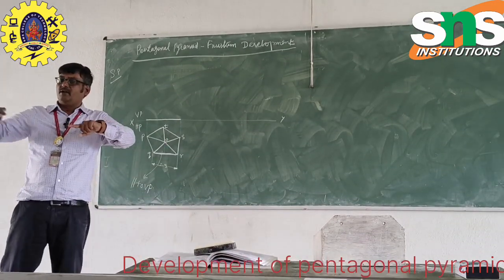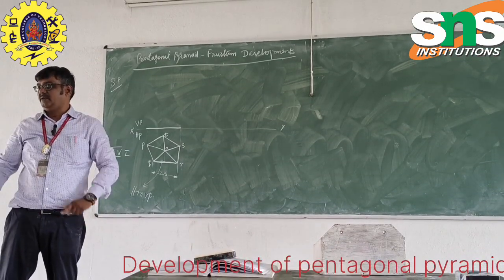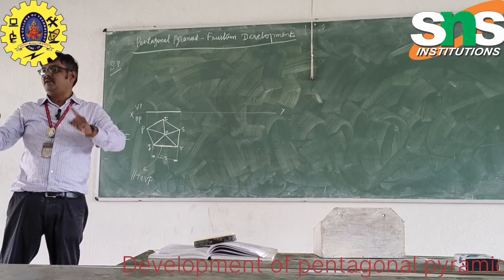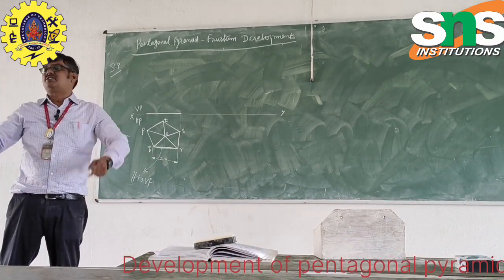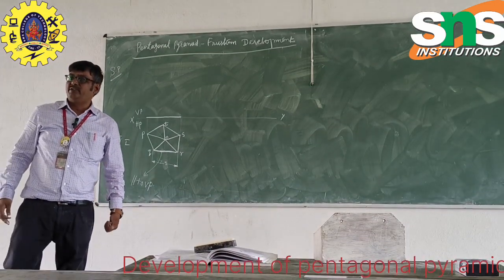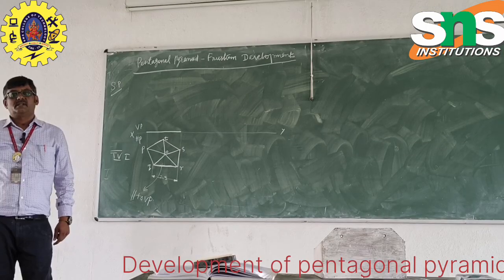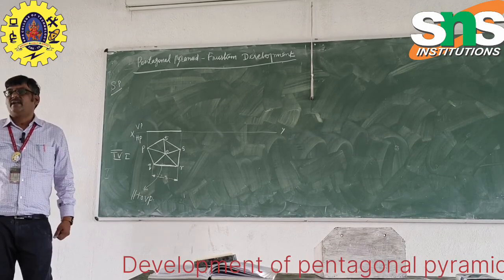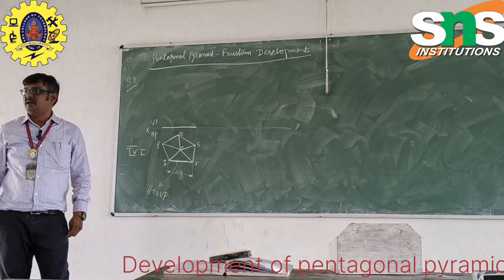Already the XY line is there. On the base it is resting, so it should be a dark line. Wherever the object is there, there should be a dark line. Wherever the projection line is going, there should be a 2H pencil line. Pencil usage is very, very important when you go for drawing. You cannot score well if you are using the wrong pencil, even though the diagram is correct.